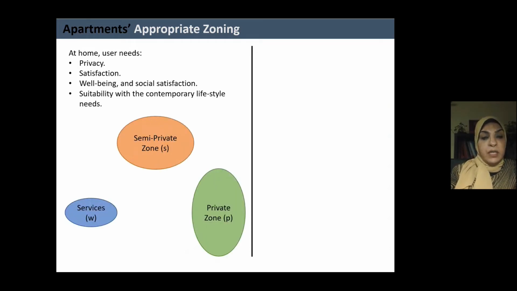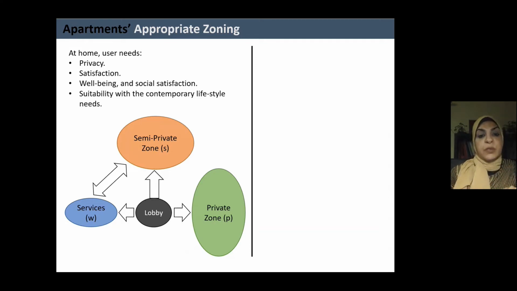So if we have three zones: semi-private zone, private zone, and semi-private zone, we can reach them through a central lobby or transitional area from which we can access the three zones. To move from the semi-private zone to the wet area, and from the private zone to the wet area, you shouldn't pass by the other zone.